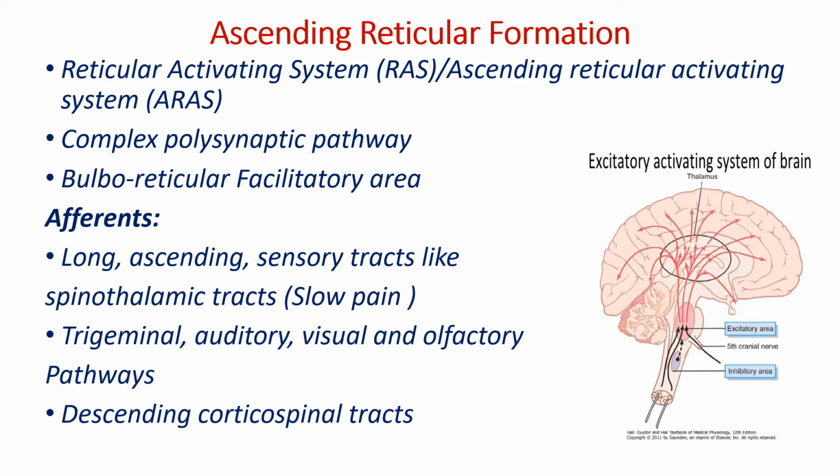So these are the same afferents we were discussing while discussing the facilitatory or inhibitory reticular formation. Importantly, the complexity of the neuronal network and the degree of convergence in it abolishes modality specificity.